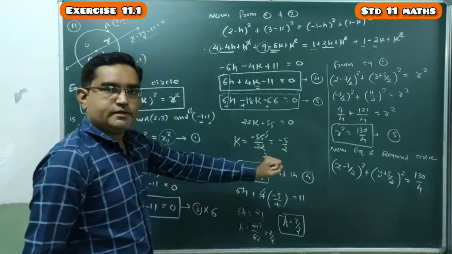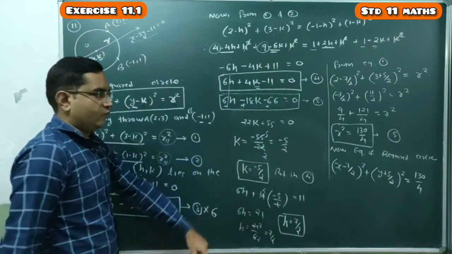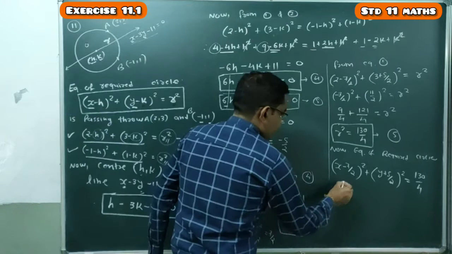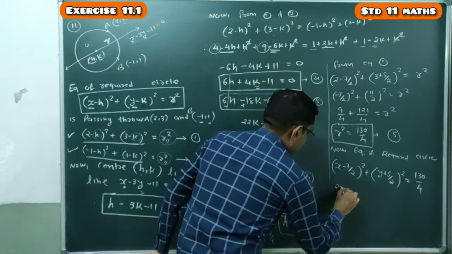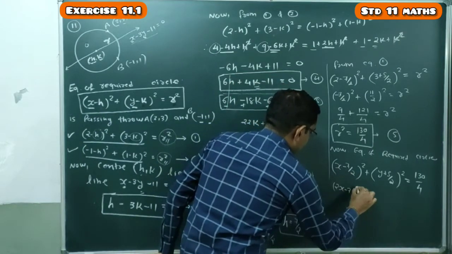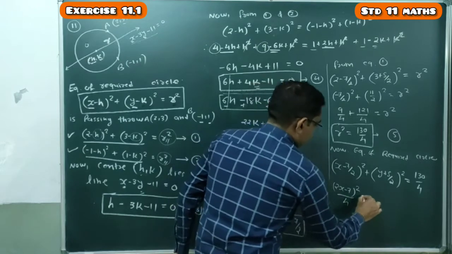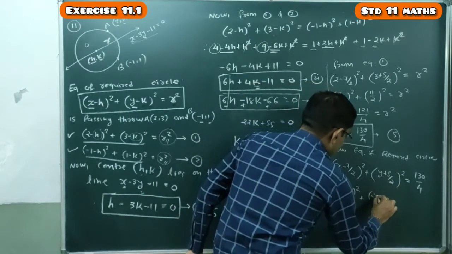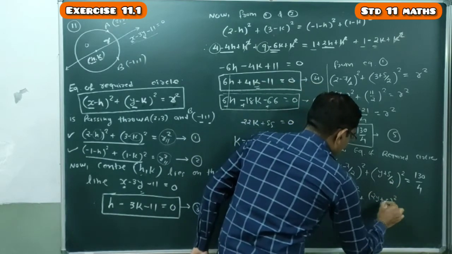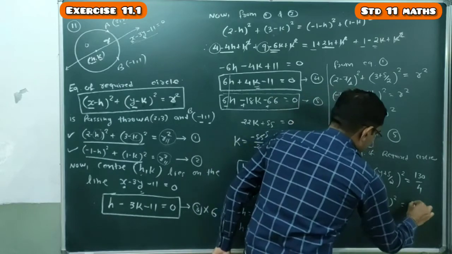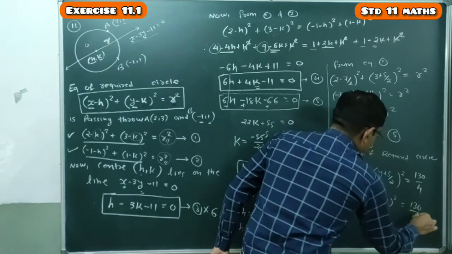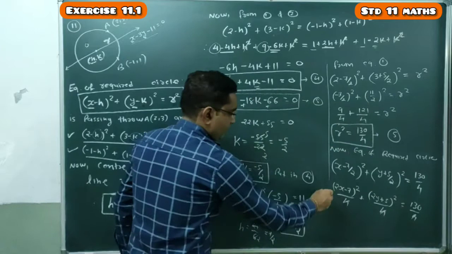But we don't need this form. We have to convert that equation into general form. So again we have to simplify it. It's (2x minus 7) whole square by 4 plus (2y plus 5) whole square by 4 equal to 130 by 4. Now you can cut this 4 and perform expansion.